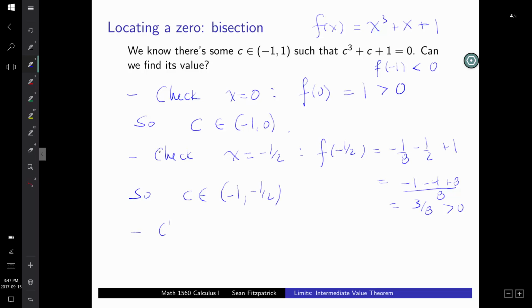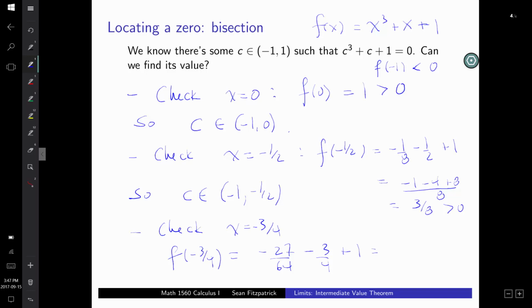So what do we do? Well, we cut this in half again. What's halfway between -1 and -1/2? We check x equals -3/4, right? And so we do f of -3/4, and this is starting to get a little bit crazy here. 27/64 minus 3/4 plus 1.